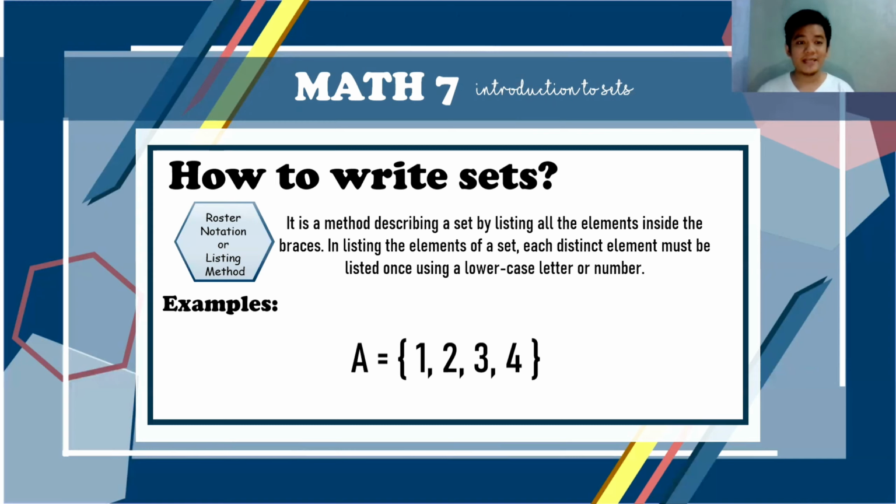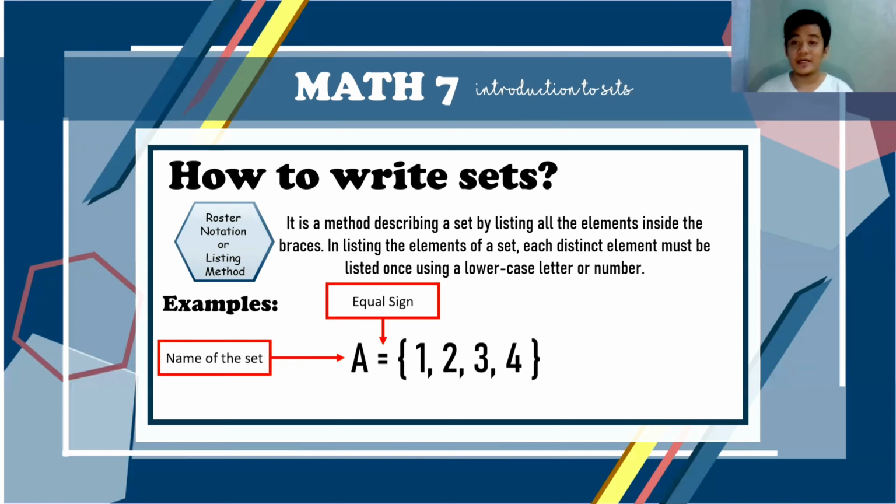So in writing sets using roster notation or listing method, we should include the name of the set, which is set A, the equal sign, the braces, and the elements. Name of the set, equal sign, braces, and elements.